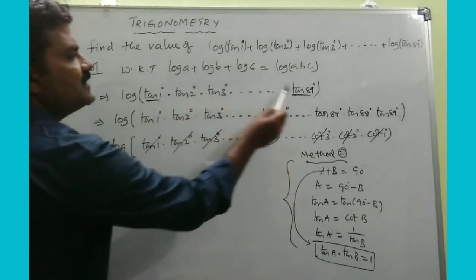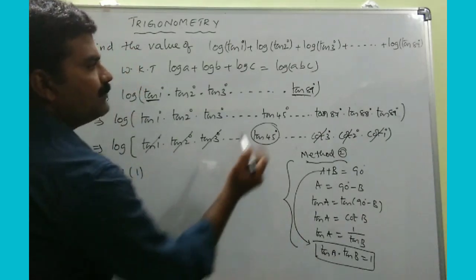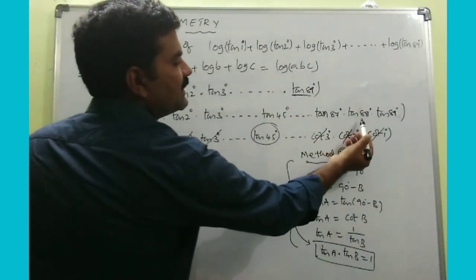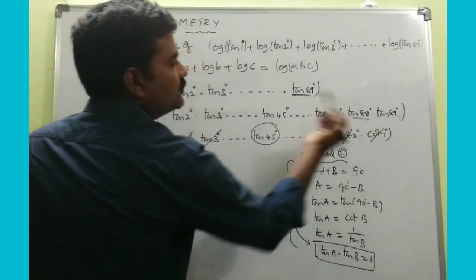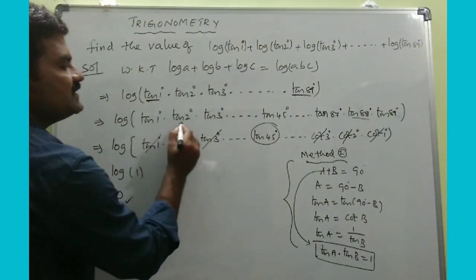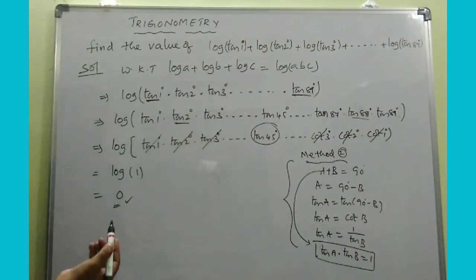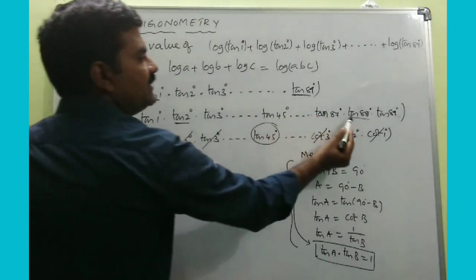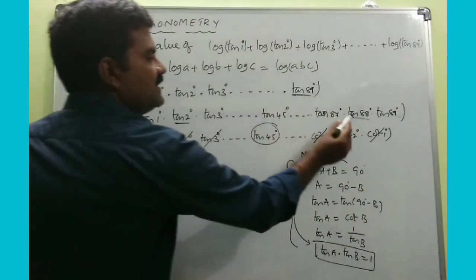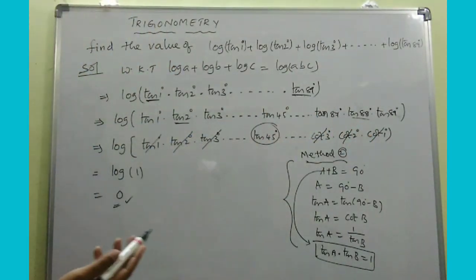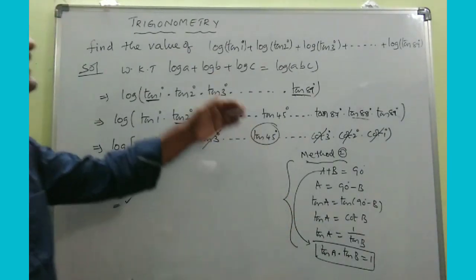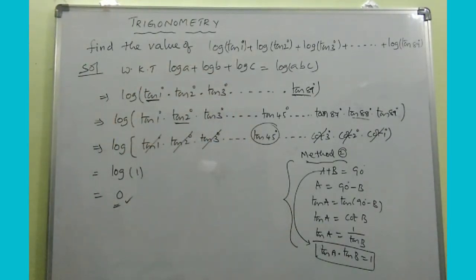Hence the product of these two is nothing but 1. And before 89 degrees, what will be there? 88 degrees. Look at tan 88 degrees into tan 2 degrees. This is also like tan A into tan B where A plus B is 90. So if you know this result, in the first step itself you can guess the answer.